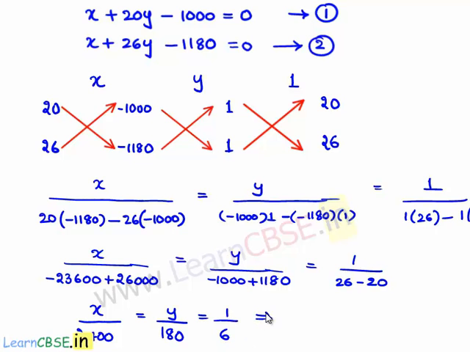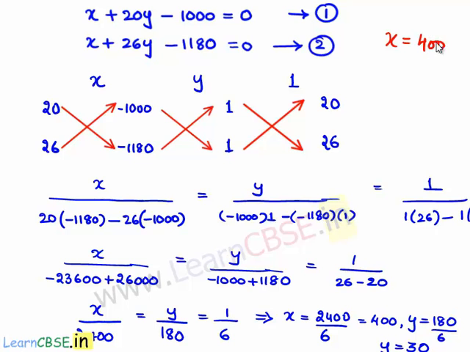So x is 2400 divided by 6, which is nothing but 400, and the value of y is equal to 180 divided by 6. So y will be 30. So finally we found the values of x as 400 and y as 30.